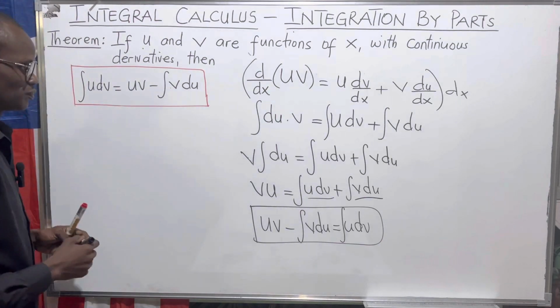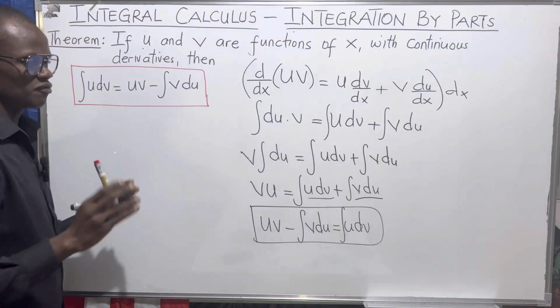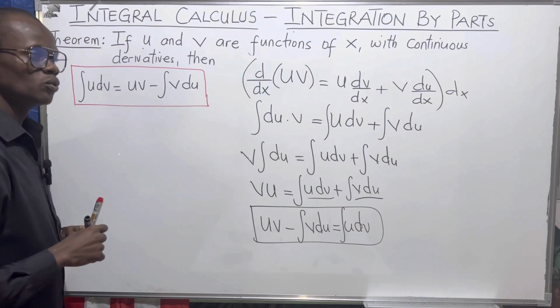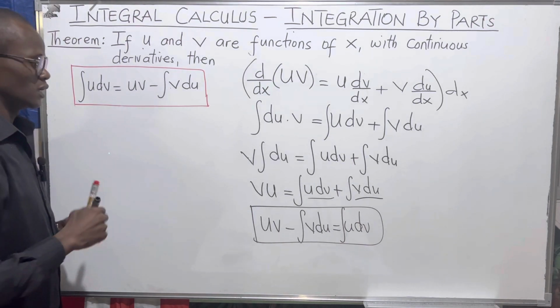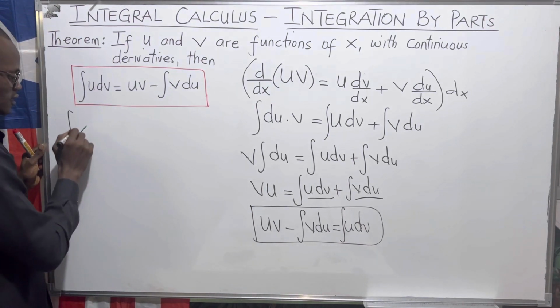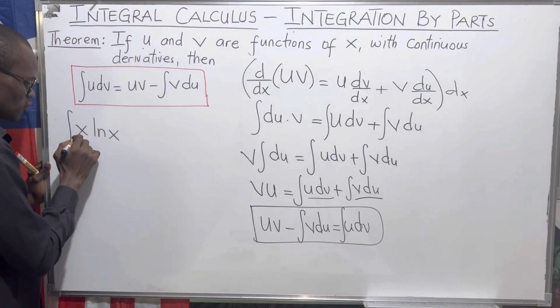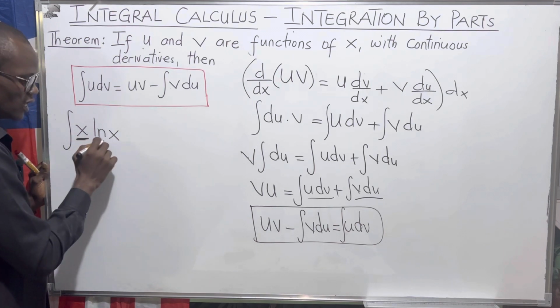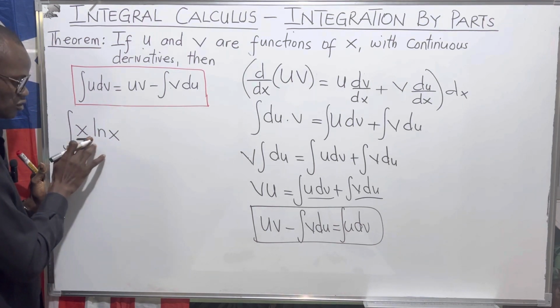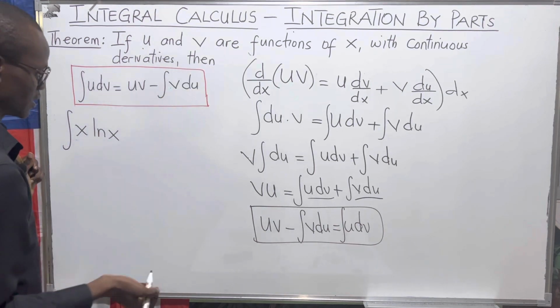Now let's look at a few sets of problems that you will always experience, like the integral of x ln x. Considering that you have an algebraic function and a natural logarithm function, how do you apply integration by parts?